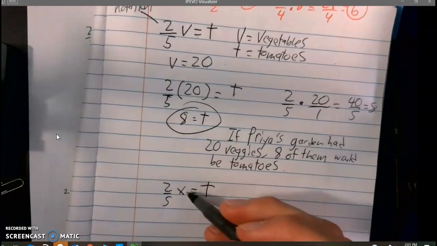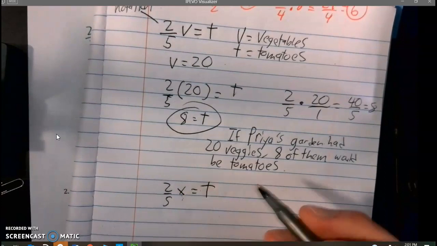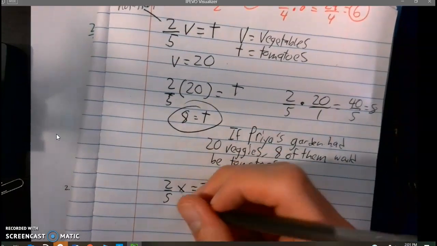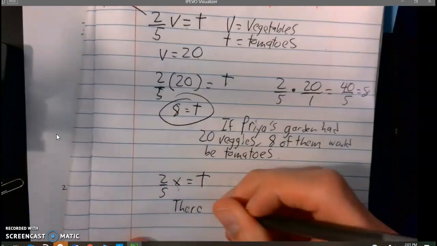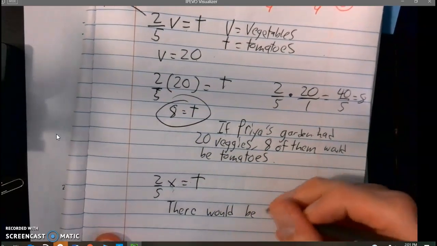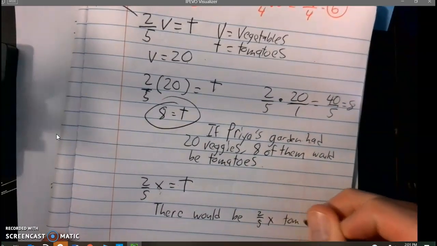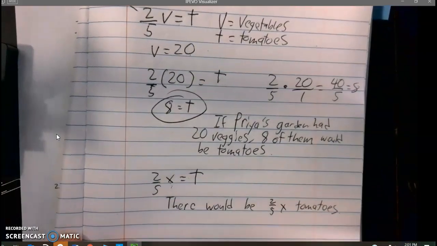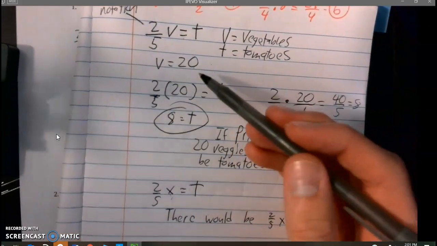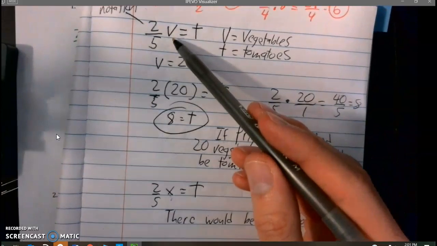And you actually cannot solve this problem because they never gave us a number for the vegetables. So the answer would literally be simply 2/5 X tomatoes. We can't actually solve this one because in the previous one they told us there were 20 veggies, so we could substitute that in for the vegetable.